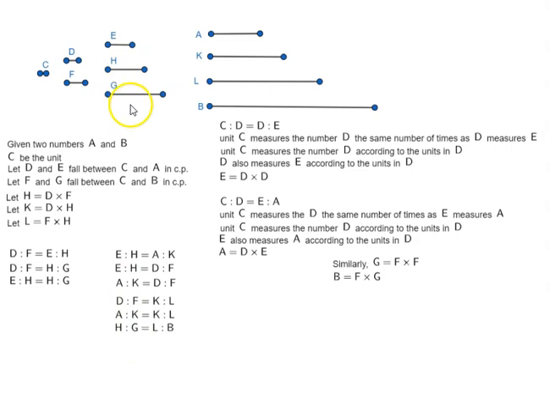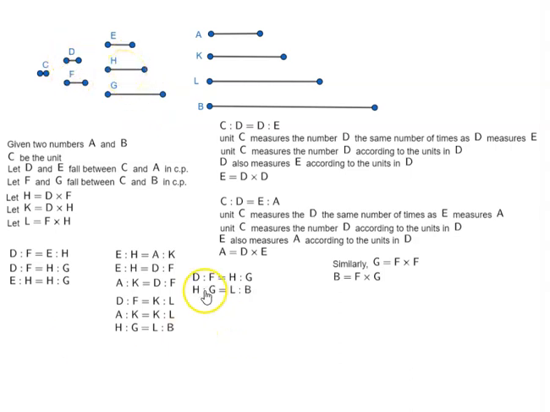Now, H is to G is equal to L is to B. Again, H measures L because L is equal to F times H, and G measures B. Why? Because B is equal to F times G, right? We have already seen this in the first column.